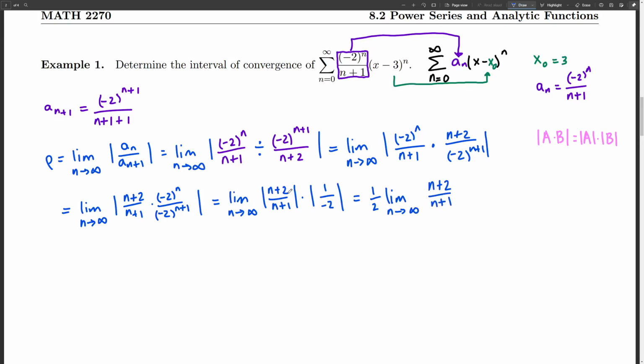Here I drop the absolute value because n goes to infinity, and so it's positive. For this limit, we could use L'Hopital and take the derivative of the top and bottom with respect to n, and you end up with 1 over 1. So this limit is 1, and we have 1/2 times 1, which equals 1/2. So that is our radius of convergence.